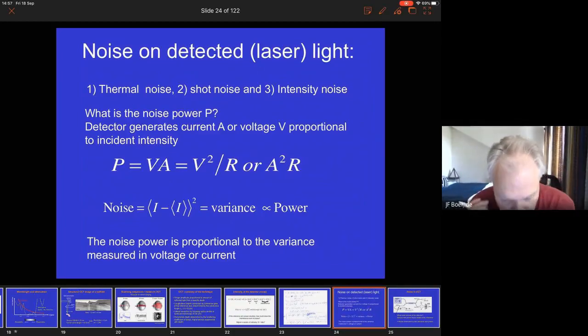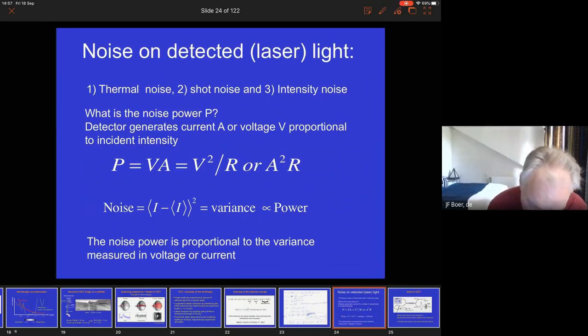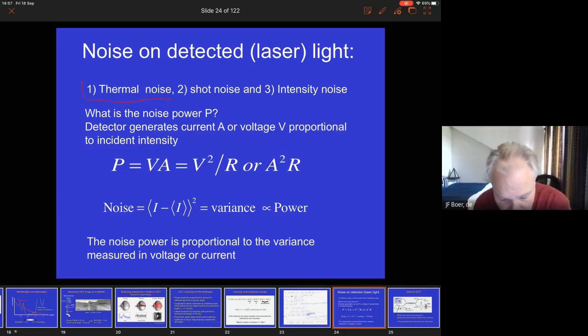Okay, so the next topic is noise. It sounds boring, but noise actually determines with what precision or with what sensitivity you can measure your signals. And there are basically three noise terms when we measure light with the detector. The first term is what we call thermal noise, and this is the noise that is generated by the detector itself. In general, the higher the temperature of the detector, the more noise.